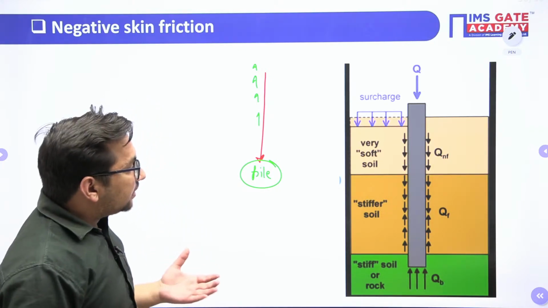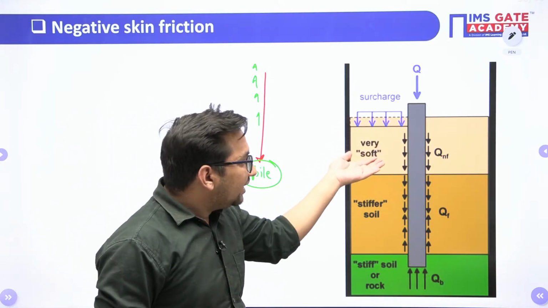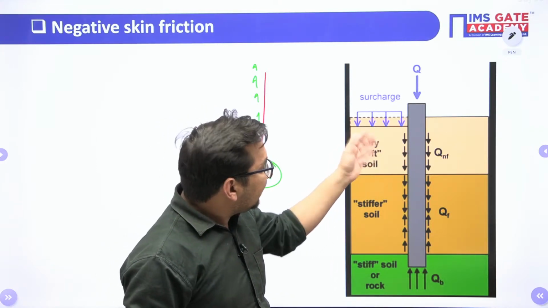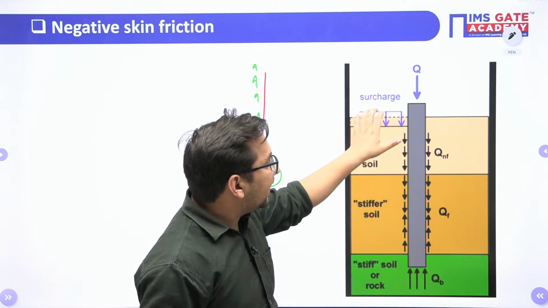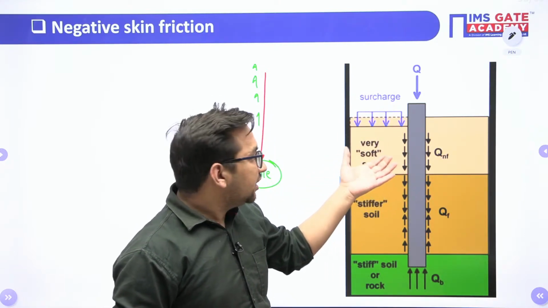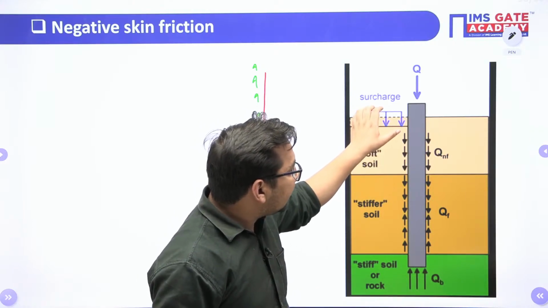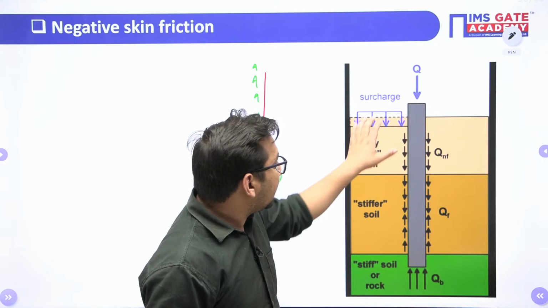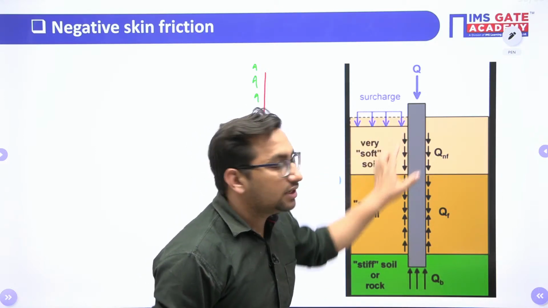But let's suppose there is a very loose soil surrounding your particular pile. In that case, what will happen if, let's suppose, there is any surcharge load acting over this, or it may be due to different reasons. If this particular soil gets settled more than the pile material, what will happen?